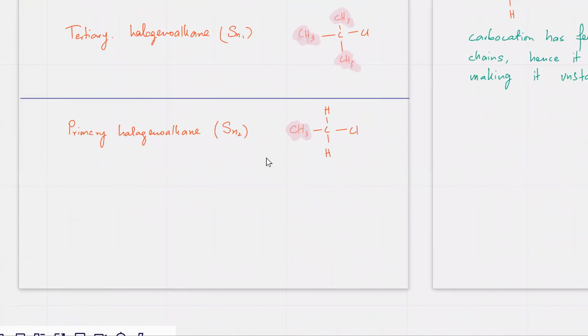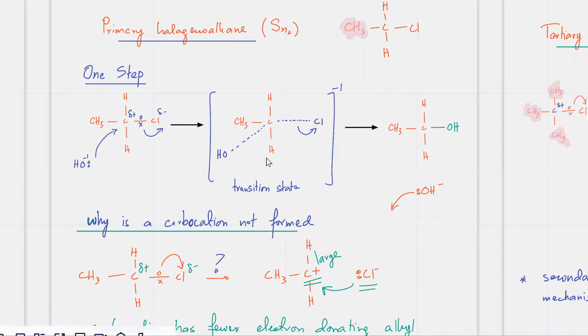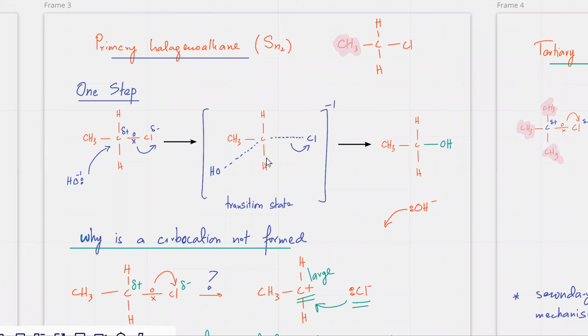Now, for primary halogenoalkanes, the mechanism involves a transition state. The carbon is very strongly positive. Why? Because the carbon is not surrounded by large groups. It's got hydrogens on both sides. So the positive charge of the carbon is really strong, which is why it's very hard for the Cl, which is polar, which is negative, to just go away.